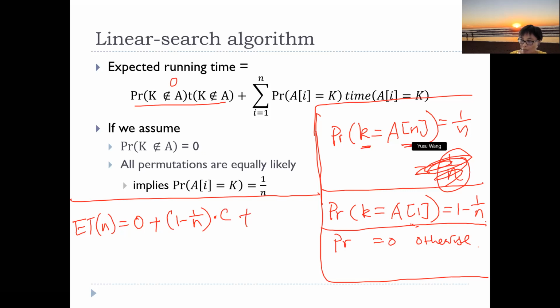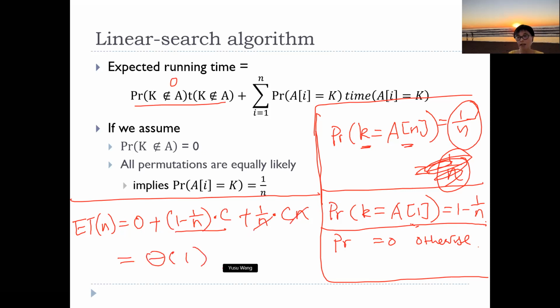The probability that happens is 1 over n, and the time in that case, I have to do a linear scan through the whole entire array. So this adds up: this is constant, this is constant, so the whole thing is only constant. So for this really weird distribution, which we may never see in practice, the average running time becomes a constant, which is much better than linear.